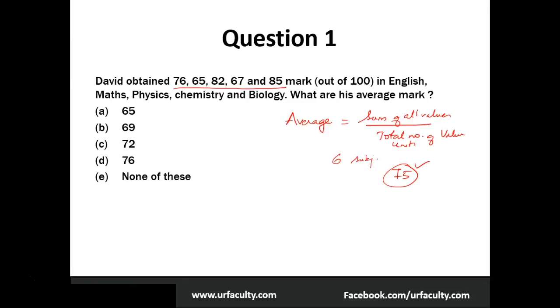But in reality, I might score 50 in one subject, 100 in one subject, 60 in certain subjects and so on. But when I add up all my marks and divide by 6, I get an average of 75.